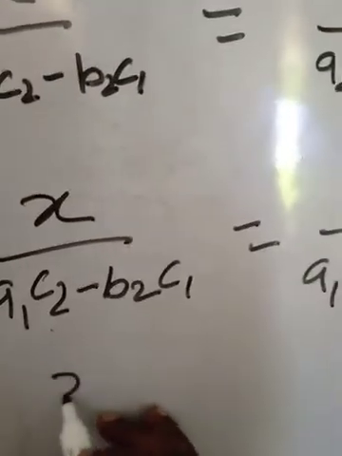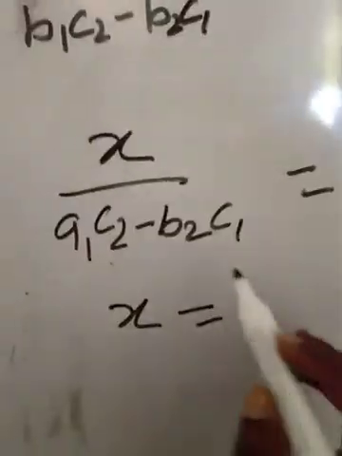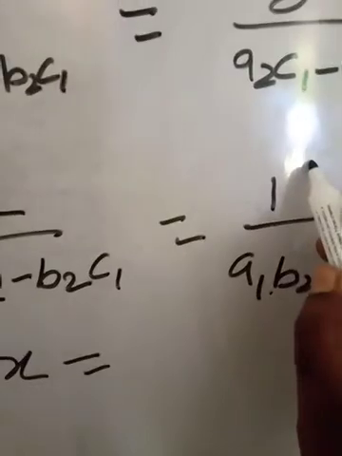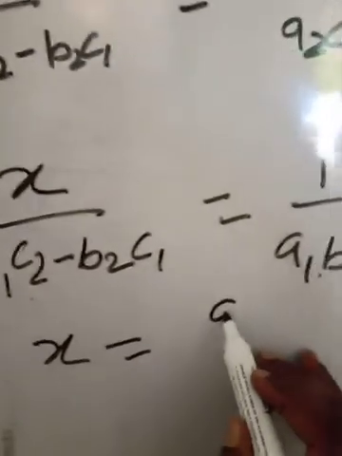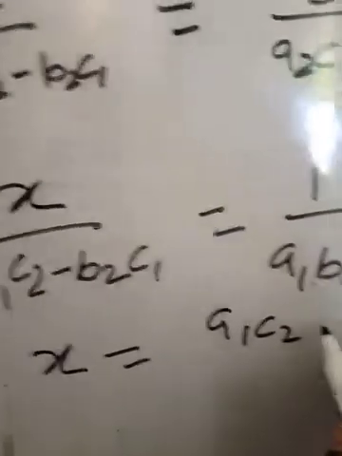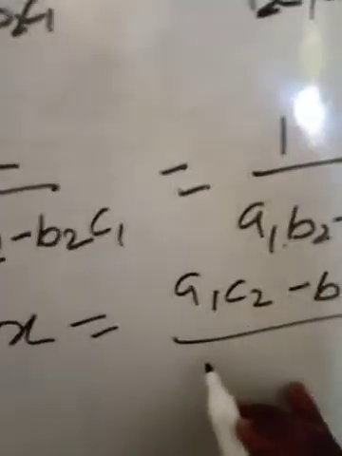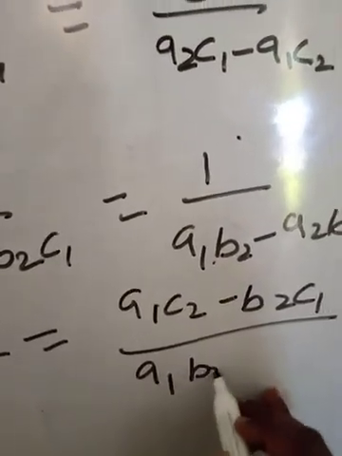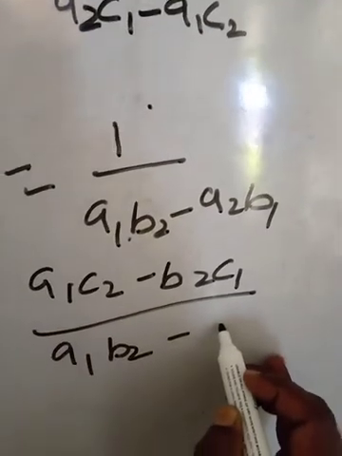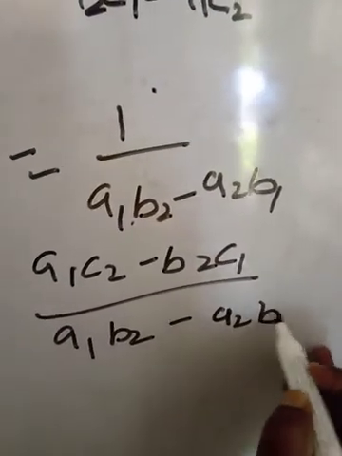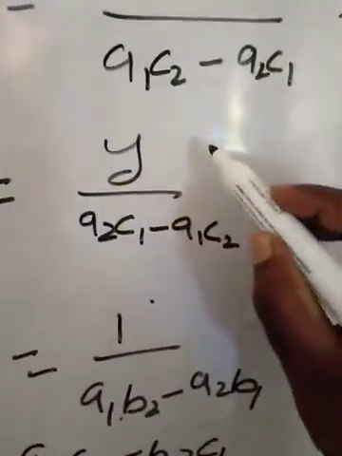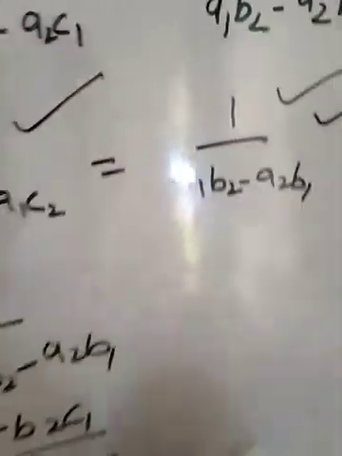Now by cross multiplication you will see x is equal to b1 c2 minus b2 c1 divided by a1 b2 minus a2 b1. Similarly, for getting the value of y, you have to consider the second and third terms.